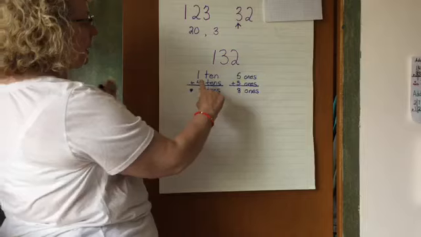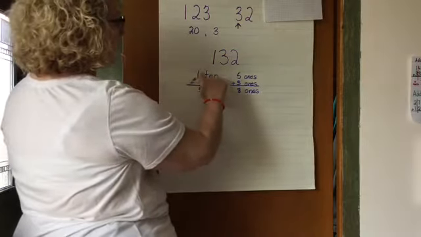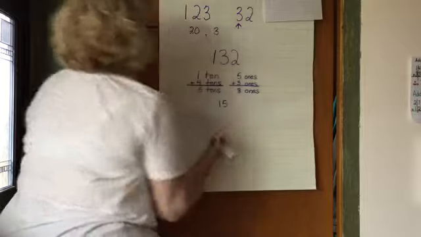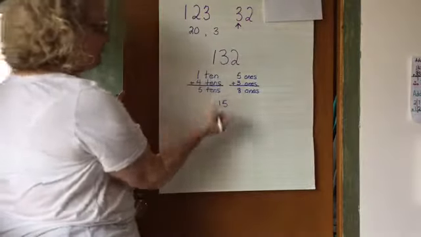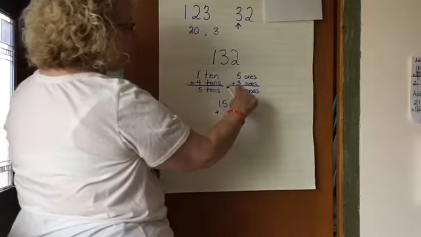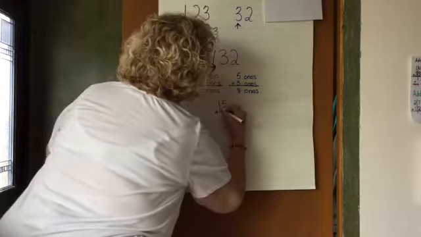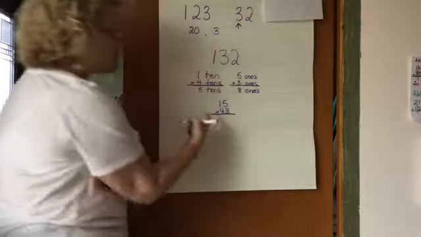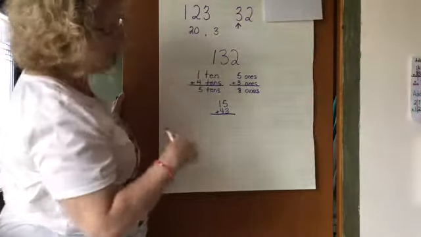So really we added 1 ten and 5 ones, that's 15, plus 4 tens and 3 ones equals, because that's my equal sign when I'm adding up and down.